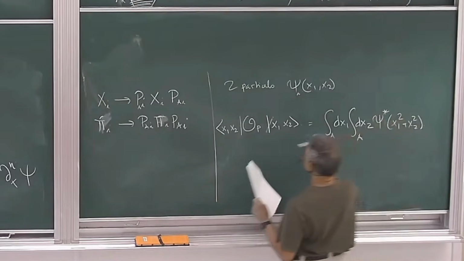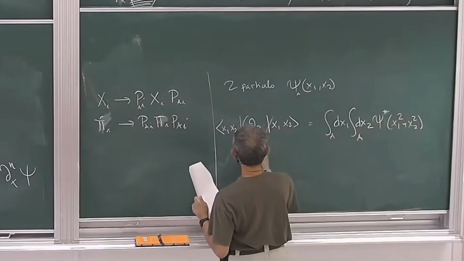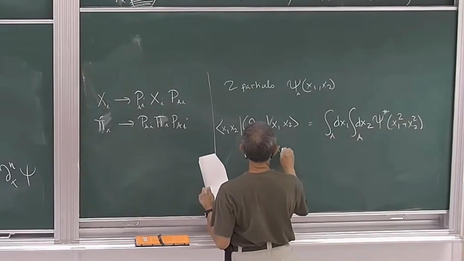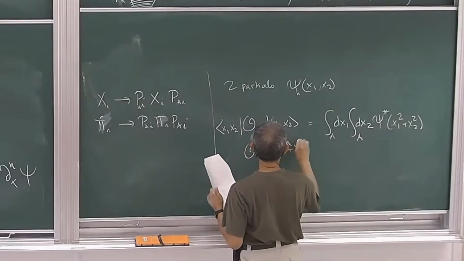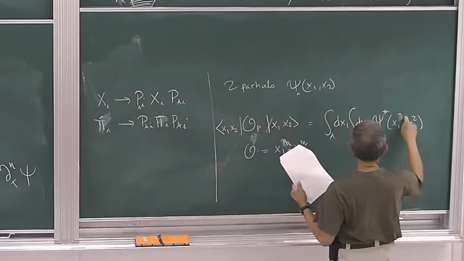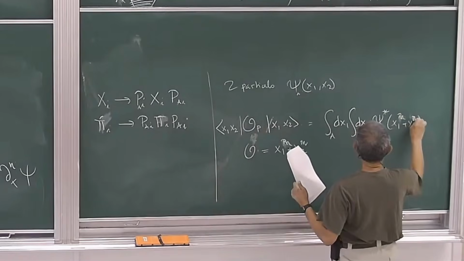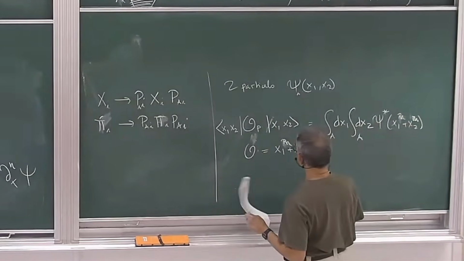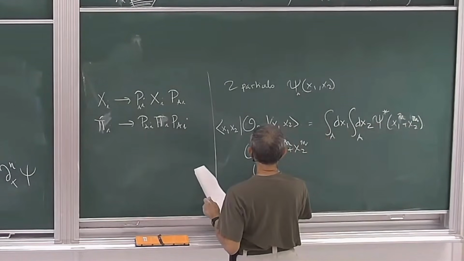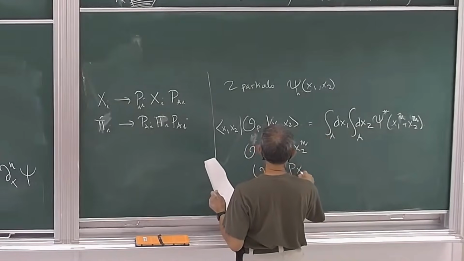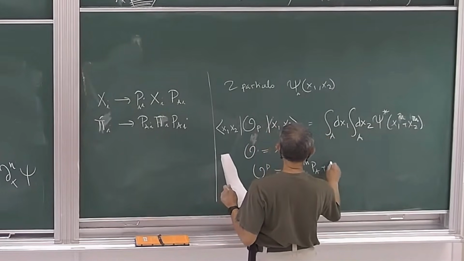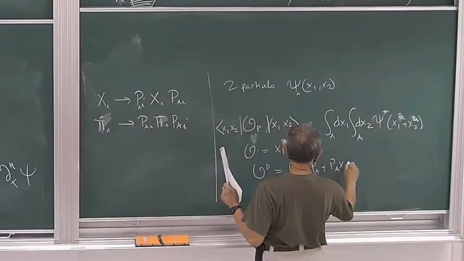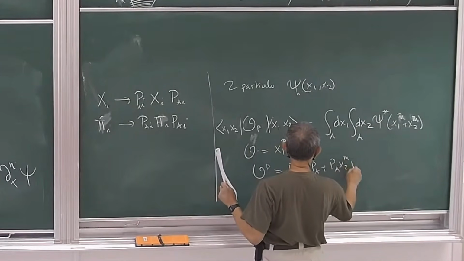So for the operator O, say x1 squared plus x2 squared, or x1 to the power m times x2 to the power m. It's a little bit subtle to put in the momenta, but that works as well. Then the projected operator is P_A x1^m P_A plus P_A x2^m P_A.